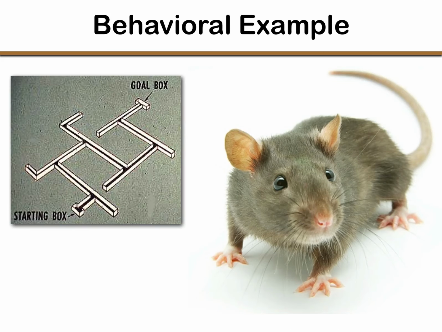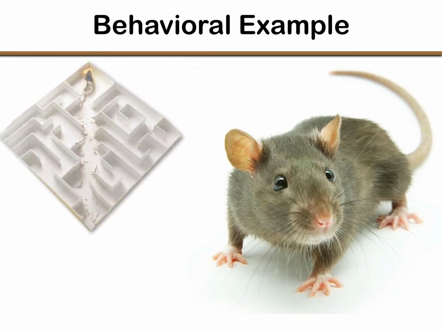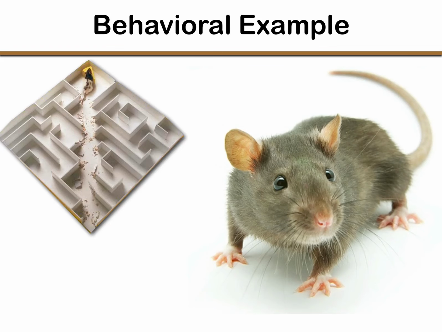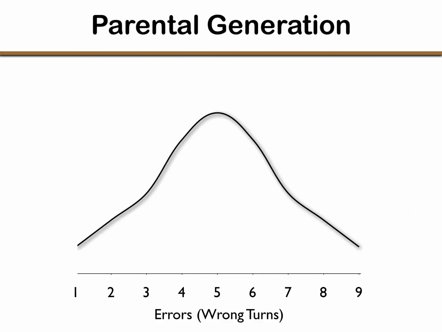Well, this study involves selecting for maze running behavior, not in humans, but in rats. So what they did was to start. Oh, by the way, you wouldn't do that. That's cheating. So that's not part of the selection study. So here's our parental generation. You just take some rats that have never been selected for maze running behavior.